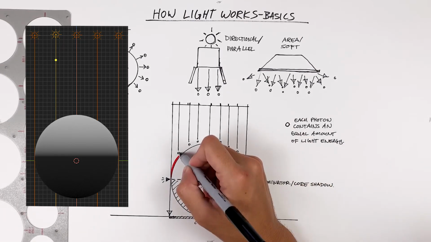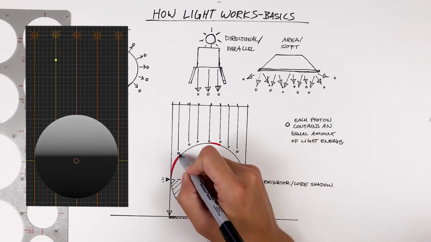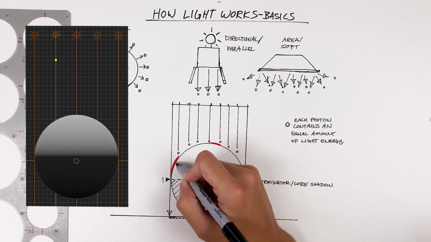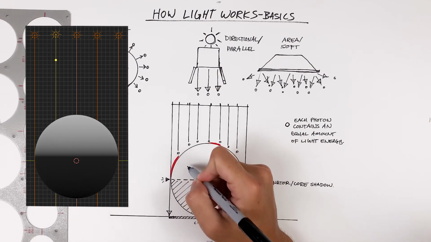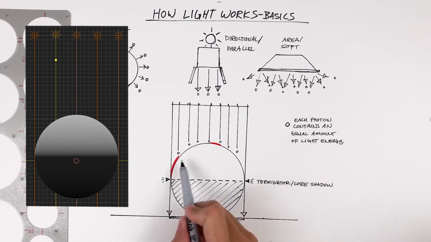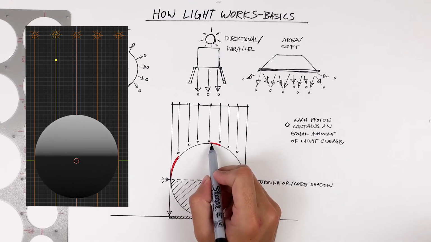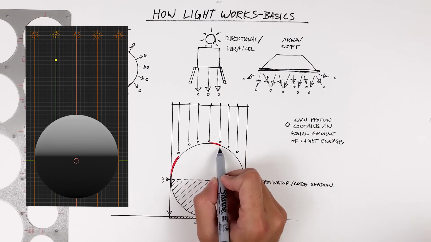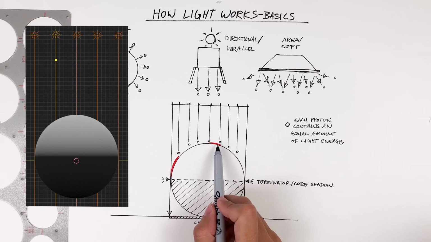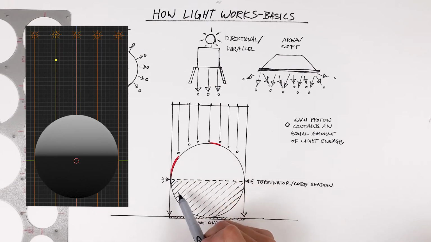So this photon, which contains the same amount of energy as this photon, has a larger surface area of sphere surface to illuminate with that same amount of light energy than this does, right? If they contain the same amount of light, these two photons have less area of sphere to illuminate between the light energy that they have than this guy and the photon at the edge, right?